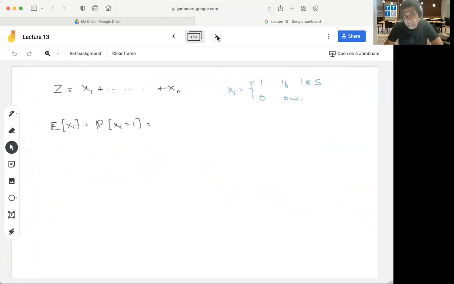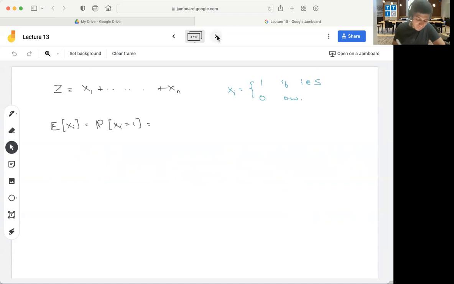As before, it turns out to be easier to analyze the expectation of Z by thinking of it in terms of a sum of simpler random variables, let's say X1 to Xn. And let's say Xi is, again, 1 if i is in this independent set and 0 otherwise.